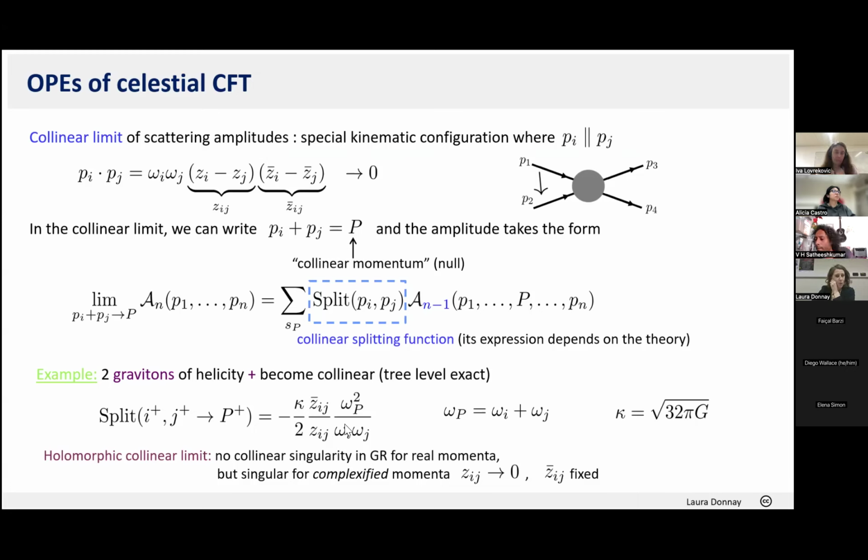Now, the question is why do we want to look at complexified momenta? First, let me say something that might not be so well known: it's something that people do all the time in amplitudes, because it allows you to discuss analytic properties of amplitudes.